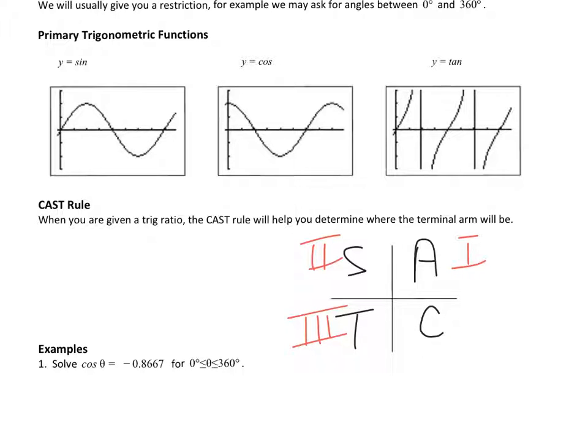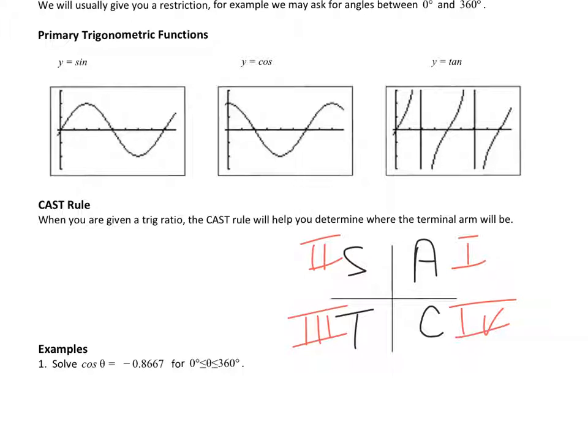In the 3rd quadrant, both x and y are negative, and so the only ratio that's going to be positive is tangent, which only looks at x and y. And finally, in the 4th quadrant, where y is negative but x is positive, cosine is going to be positive.